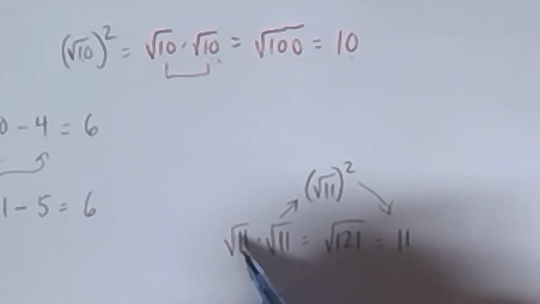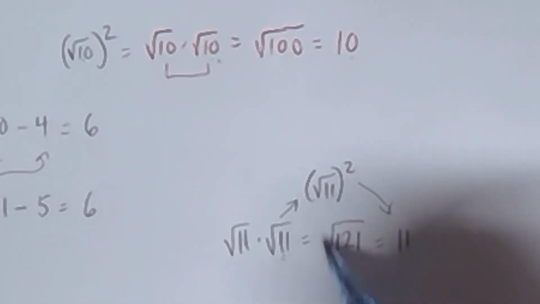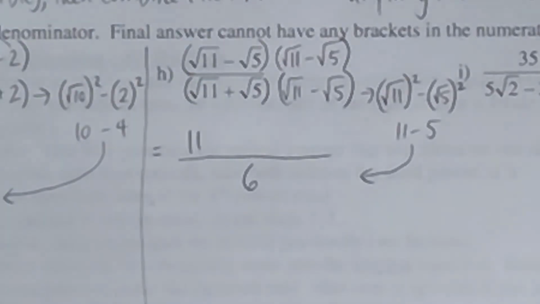But if it's just a radical times another radical that's exactly the same radical, and they're both square roots, not cube roots, it's just like you're squaring the square root, and so you don't need to write down this additional step here. You can just say, oh, hey, that's 11. All right. And so this first part here is 11.